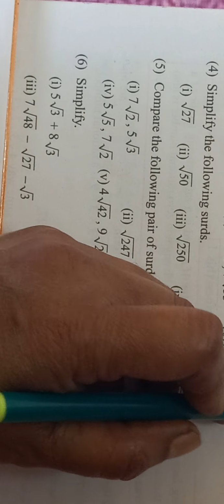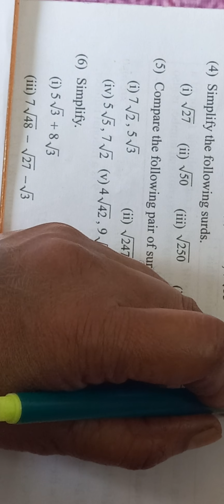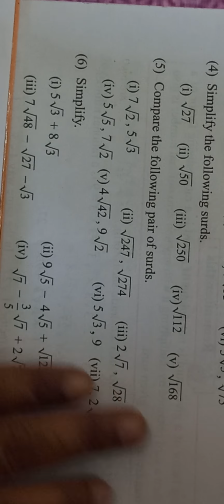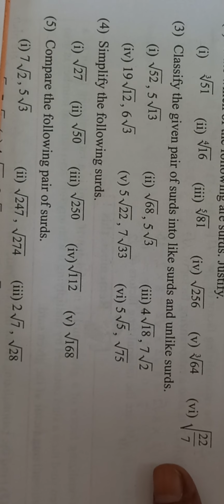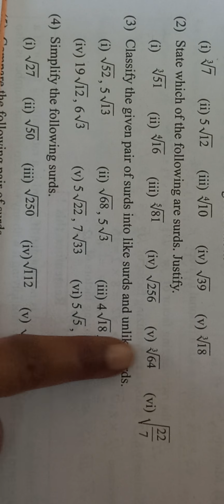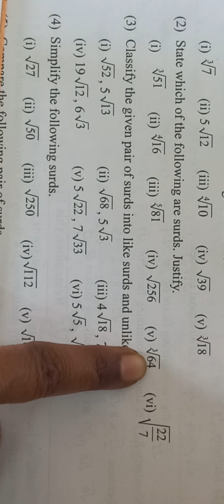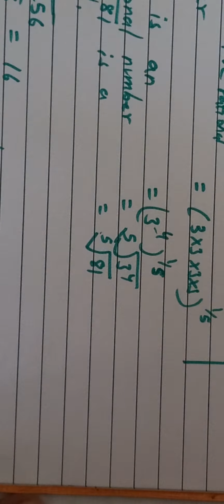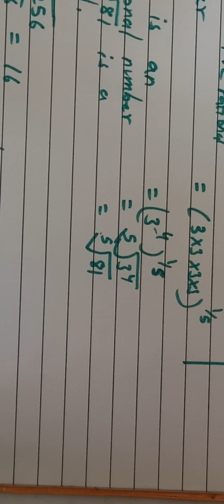Now the next example given here is cube root of 64. See here. Cube root of 64. Now how can this one be solved? Fifth example. Cube root of 64 we can solve it.